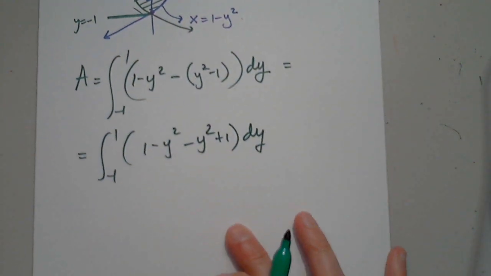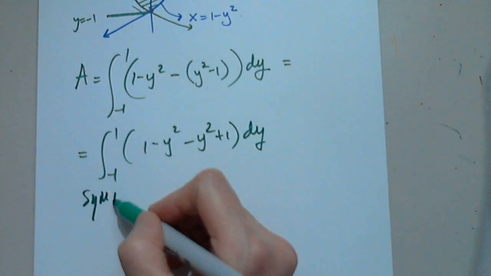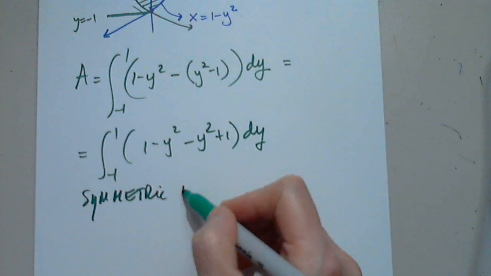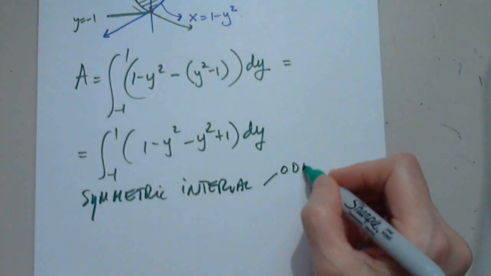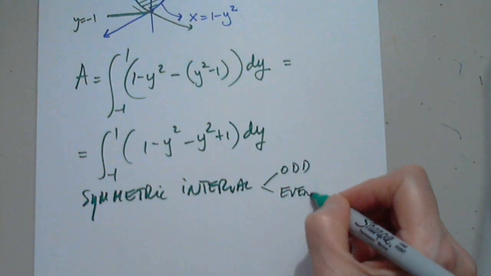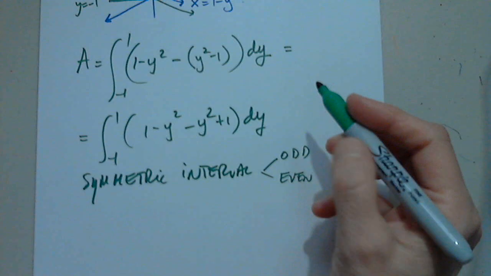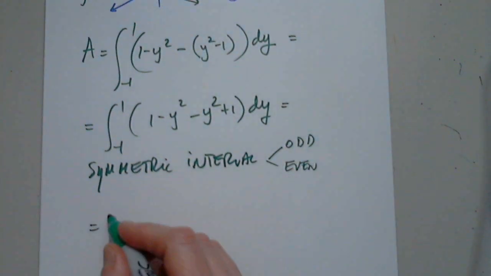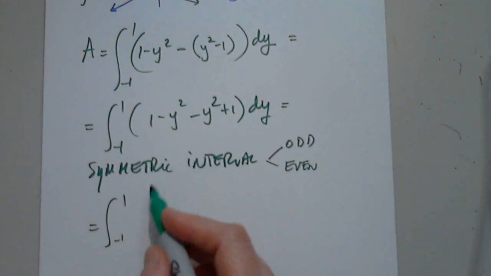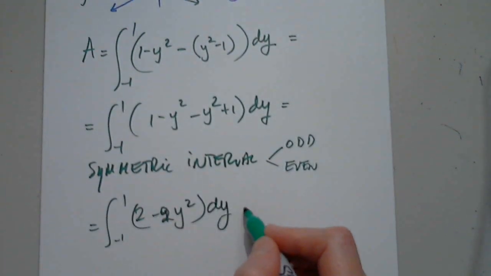I hope you remember from Calculus 1, every time I see a symmetric interval, I always check odd or even. The area cannot be 0, obviously, so it cannot be odd. So the integral from -1 to 1 of 2 minus 2y squared dy.